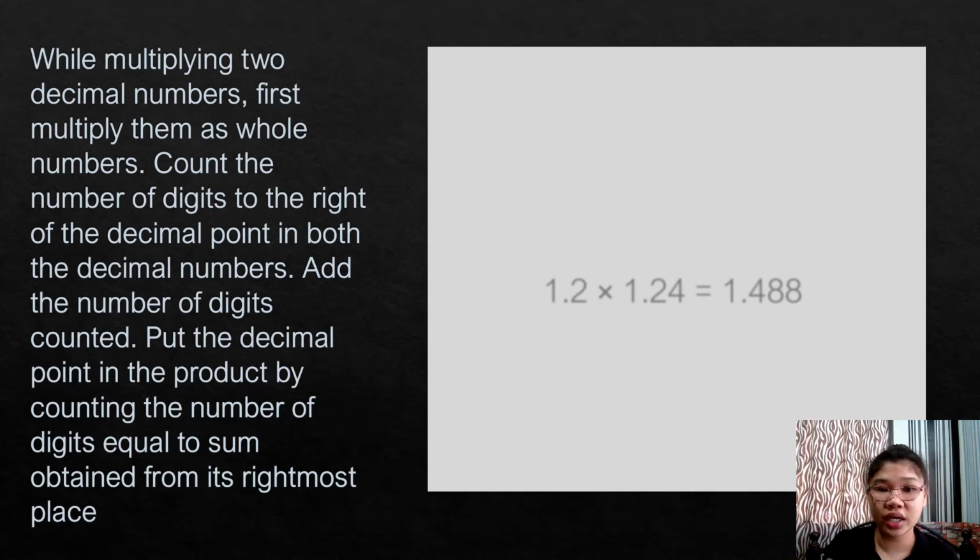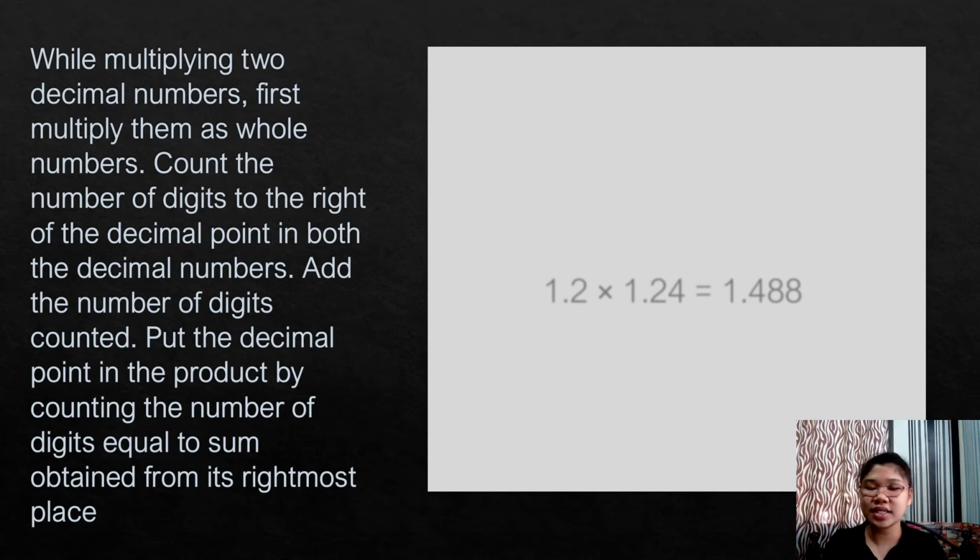Then add the number of digits counted. You count for the first given number and then the other given number, and then you add them. And then put the decimal point in the product by counting the number of digits equal to the sum obtained from its rightmost place.